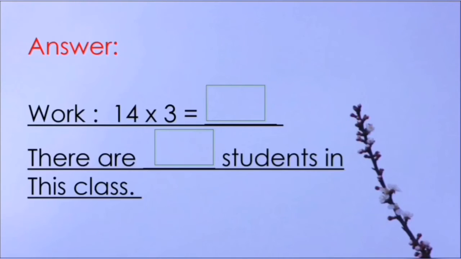Now I have the answer for number 1. Please copy this in your book and write the correct answer inside the box. So 14 times 3 equals how much? There are blank students in this class. So please write the correct answer inside the box.